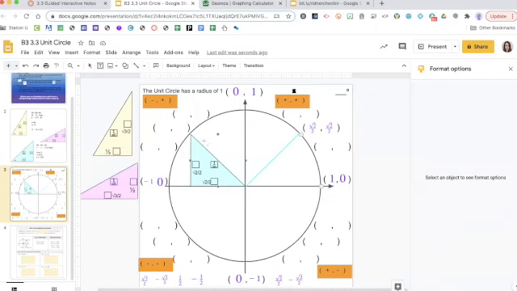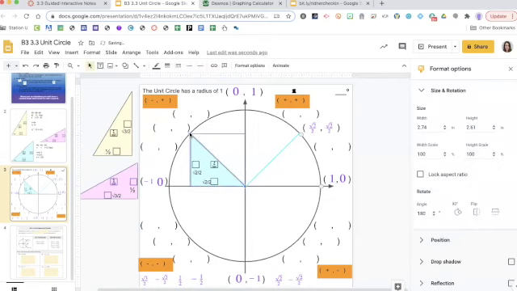Insert a line. All right. Now, again, I have a length of square root of 2 over 2 and a height of square root of 2 over 2.